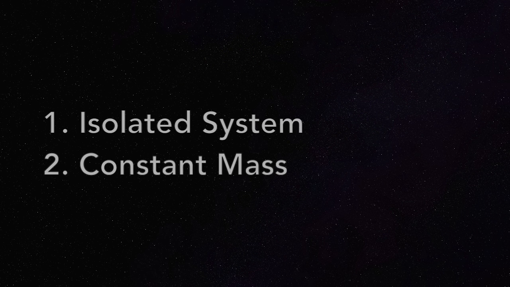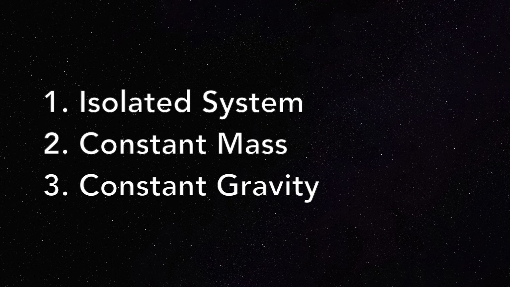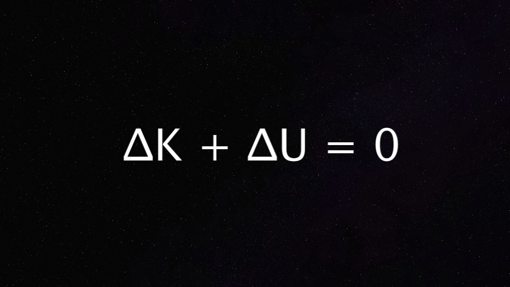Number 2, by using the same cue ball for each trial as our mass, we are holding mass constant so that only varying heights will differ for each drop. Number 3, gravity is constant on Earth and in our system and is thus conserved. And if there are no non-conservative forces acting on or within the system, mechanical energy is conserved. Thus, the change in kinetic energy plus the change in potential energy must equal 0.